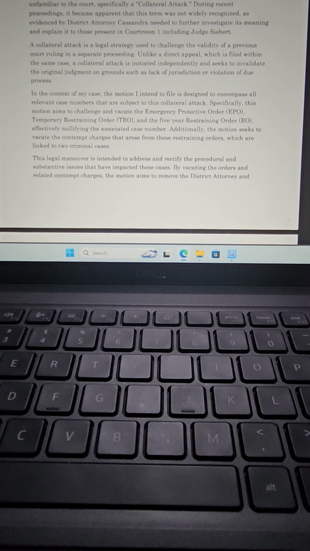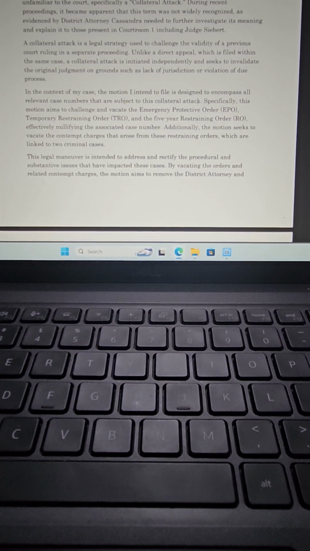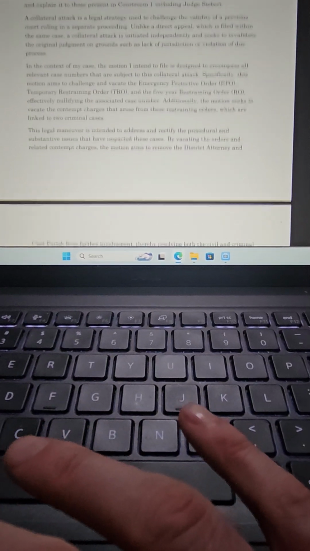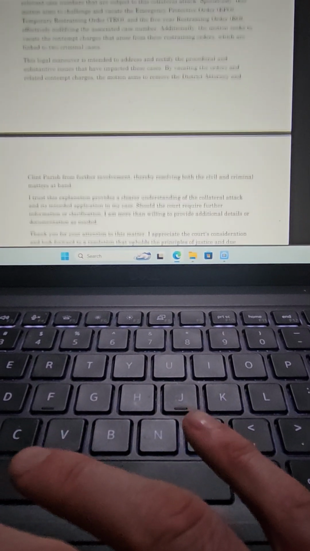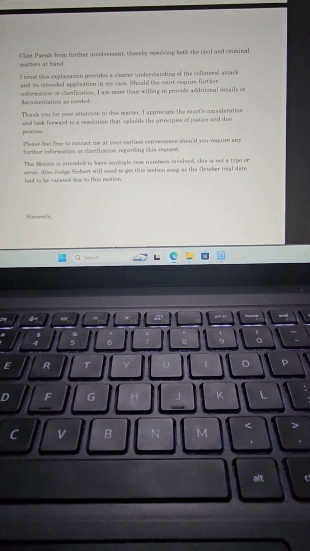This legal maneuver is intended to address and rectify the procedural and substantive issues that have impacted these cases. By vacating the orders and the related contempt charges, the motion aims to remove the district attorney and Clint Parrish from further involvement, thereby resolving both the civil and criminal matter at hand.